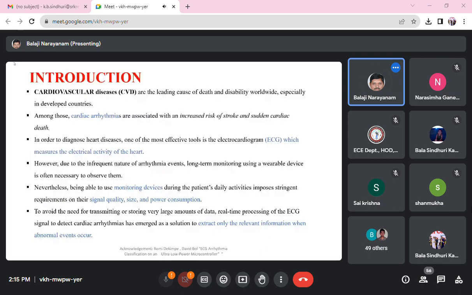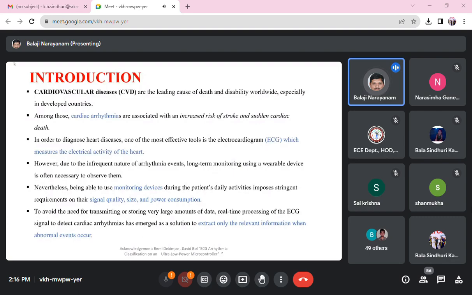However, due to the infrequent nature of arrhythmia events, long-term monitoring using a wearable device is often necessary to observe them. So we will use a monitoring device during the patient's daily activities, which imposes stringent requirements on the signal quality, as well as size and power consumption.